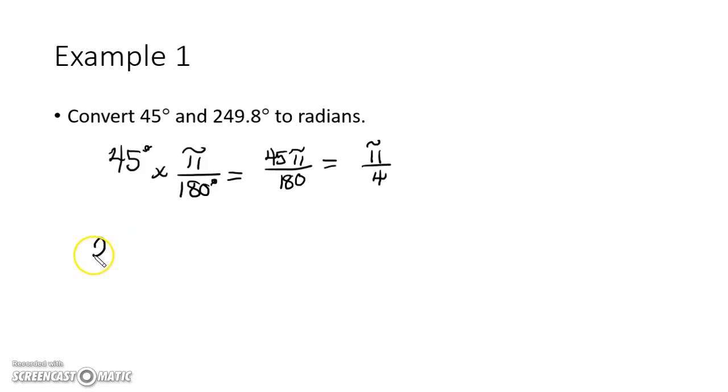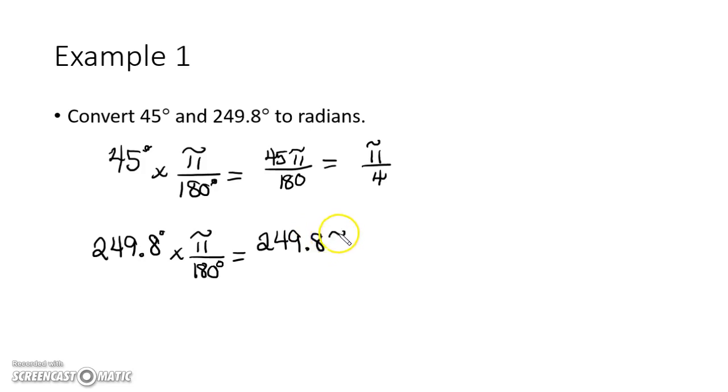Now let's do the same thing to 249.8 degrees. Same idea, we're multiplying by pi over 180 degrees. Multiply across the top. Now this one's not going to be so pretty. It's not going to simplify as nicely. So 249.8 divided by 180 gives me 1.387 repeating.